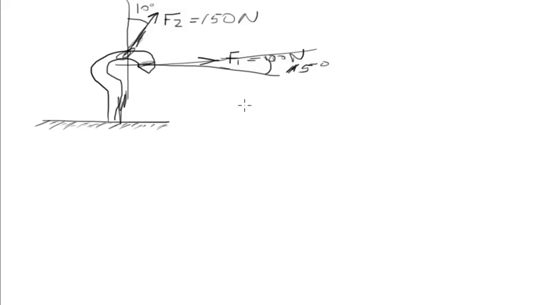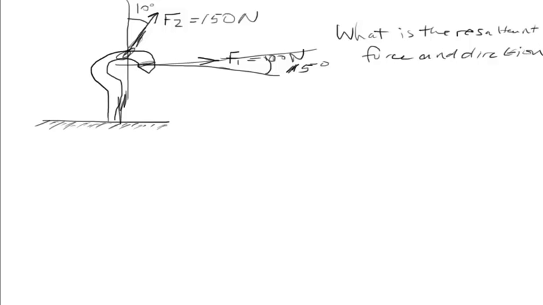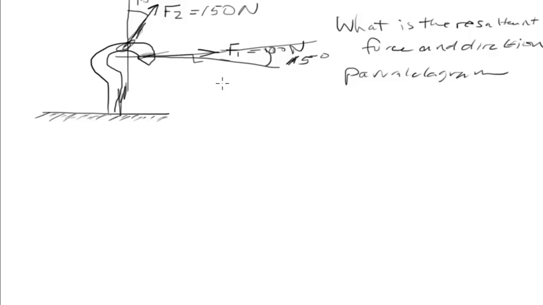And the question is, we said, what is the resultant force and direction? Okay. And the concepts that we were using here is the idea of the parallelogram. Don't know if I spelled that correctly, but anyway, so because these are vectors, we can move them around.